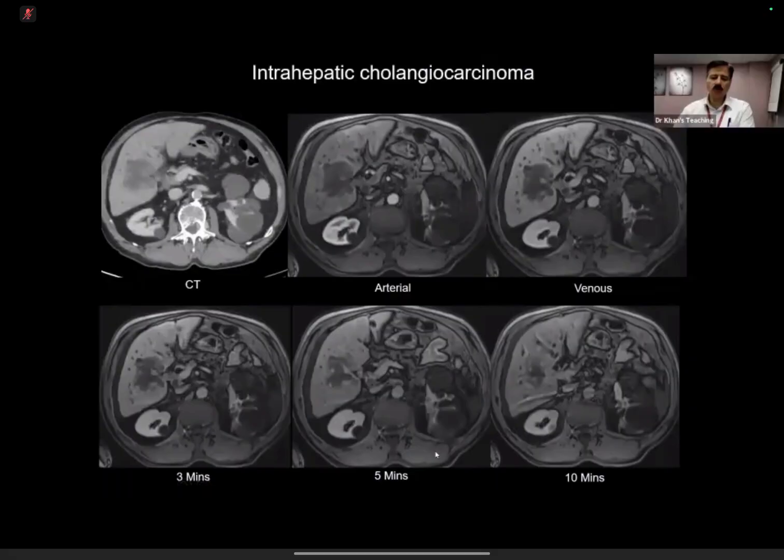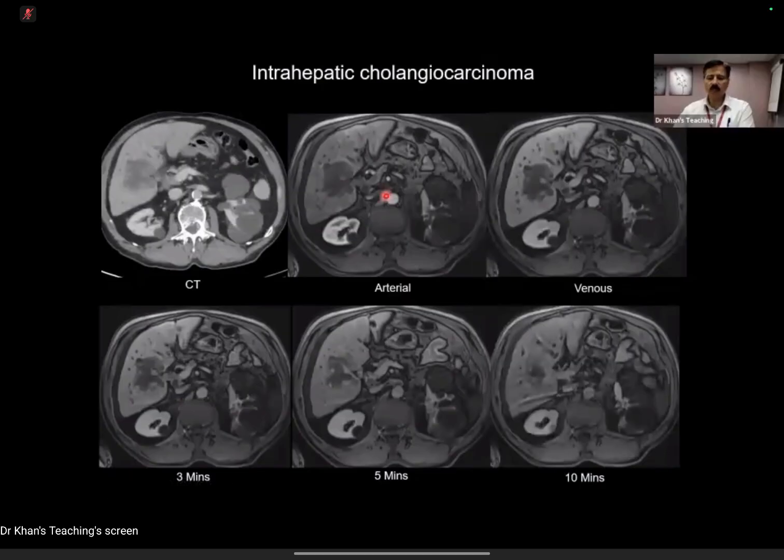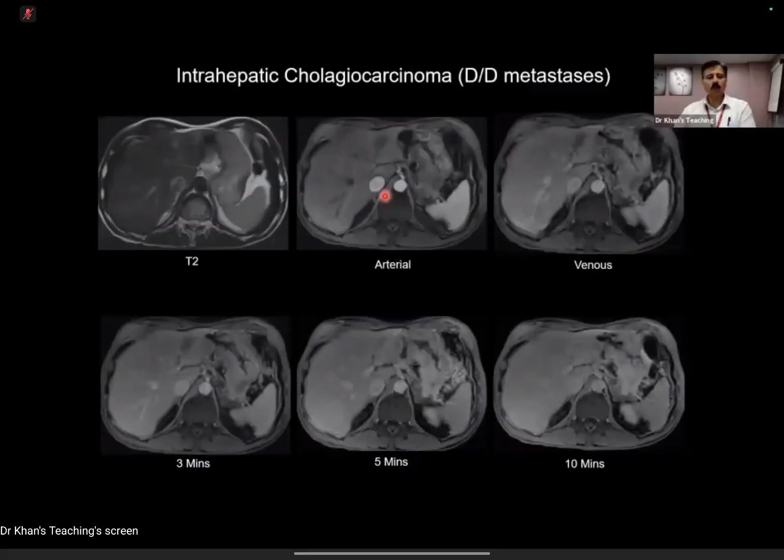We use the word blood pool. What does it mean? It means that it is equal to, let's say, the hepatic vessels or the portal vein, etc. That will be the signal. So otherwise, you will confuse it. So scar or fibrosis will enhance with delay, and that was the learning point in this case.